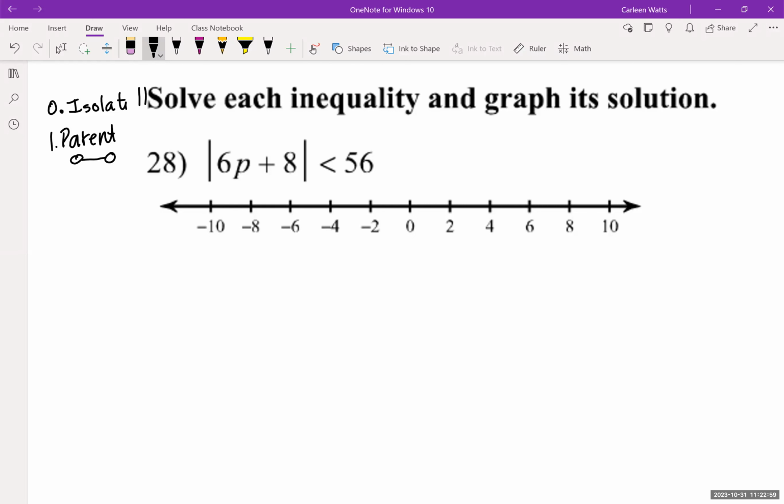Okay, so now there is nothing to do to isolate the absolute value. Like if there was a 5 there, I would divide, right? But there's not. So the next step is split.